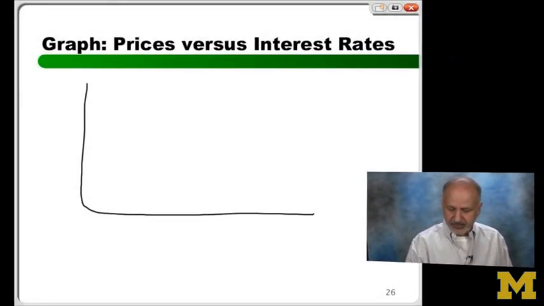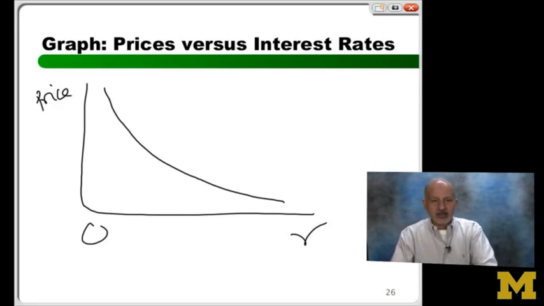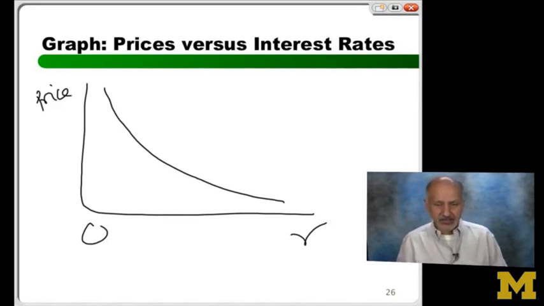So what I would like to show you now is a graph. And this graph is important. Price, R, 0. It looks like this. So the price of a bond falls when interest rates go up, right? That's what it's showing, and that makes sense.